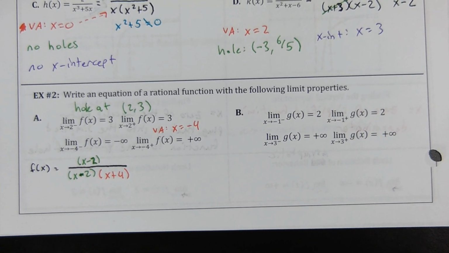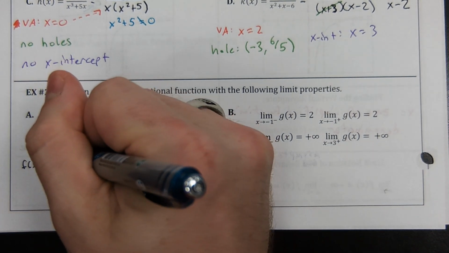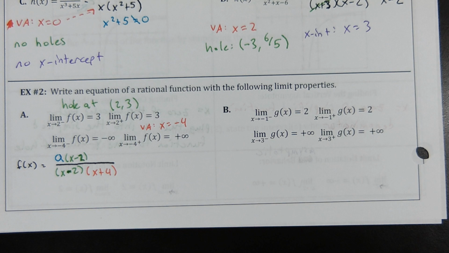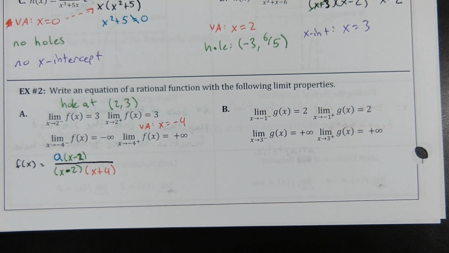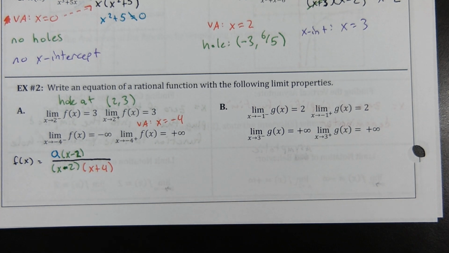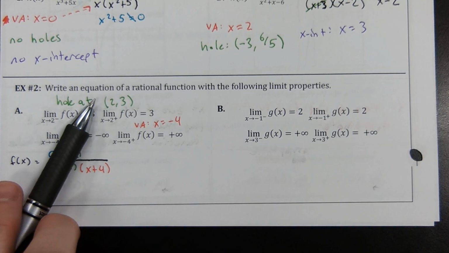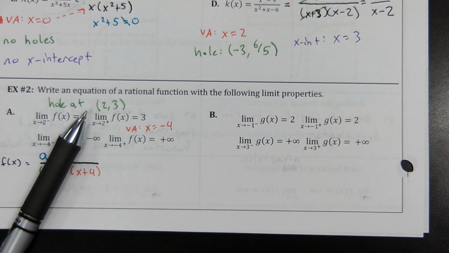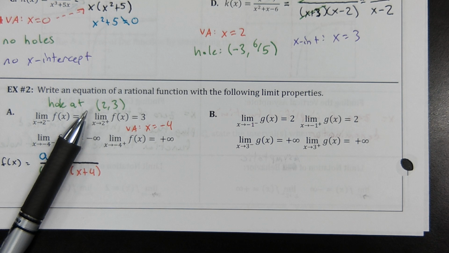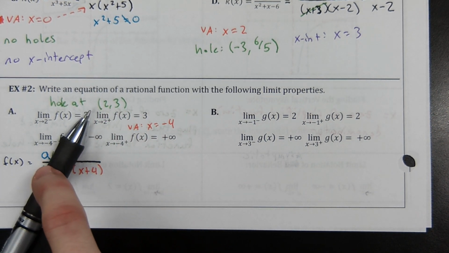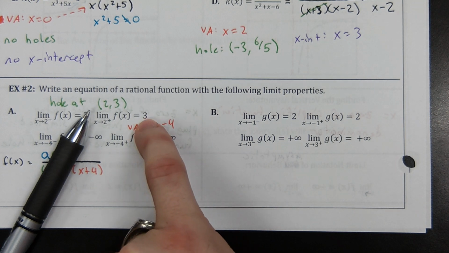What that tells us is there must be a vertical stretch or shrink going on up here, and we have to solve for it. We know that the x minus 2's cancel out, and this thing simplifies to a over x plus 4. If we plug in 2, we better get this y value.